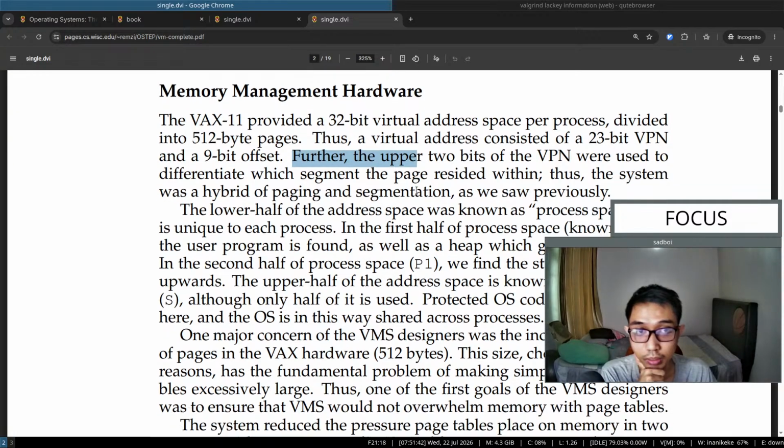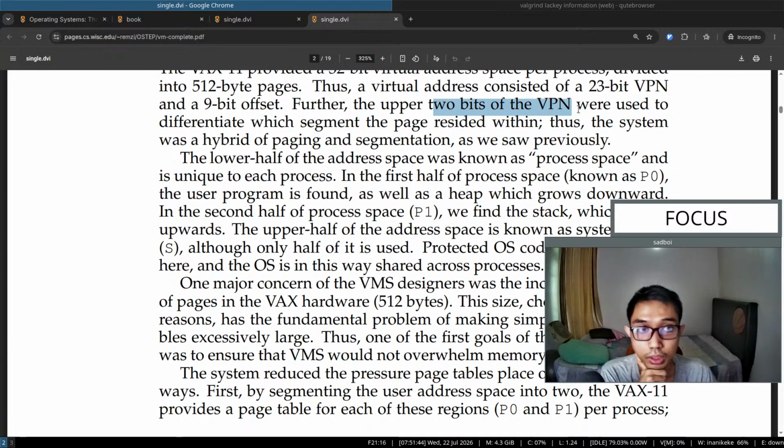Further, the upper 2 bits of the virtual page number were used to differentiate which segment the page resides within.